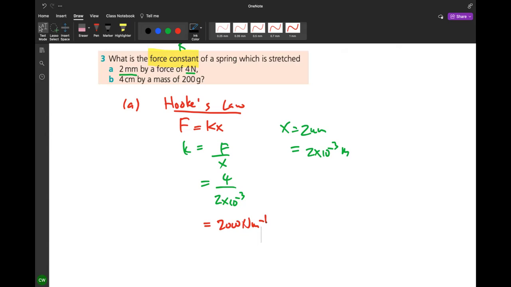So this one you can write in this form: Newton per meter. This is per meter.